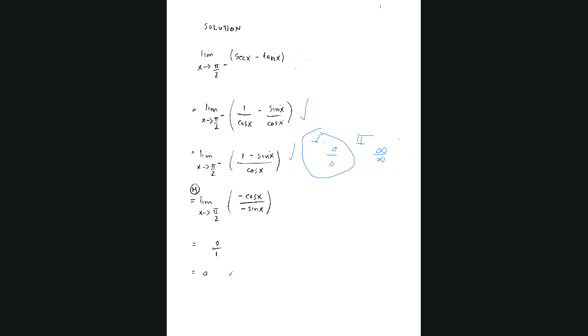So we'll differentiate. Here's f, 1 minus the sine of x. And here's g, the cosine of x.